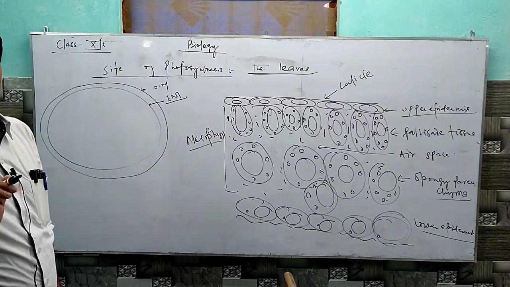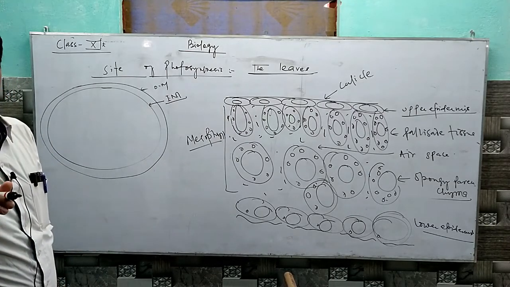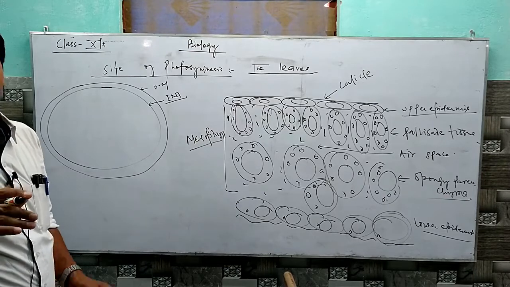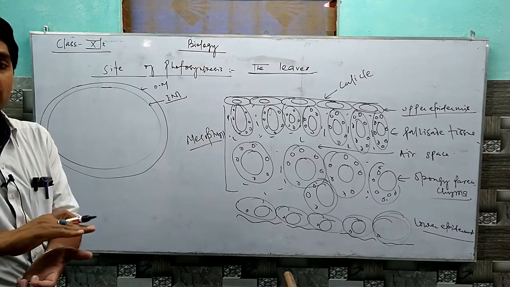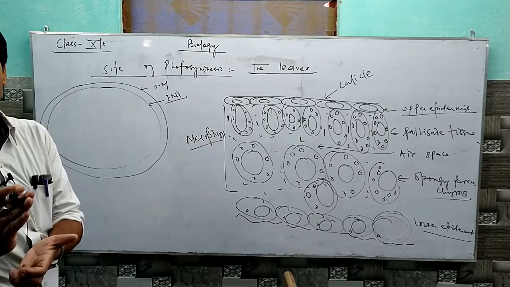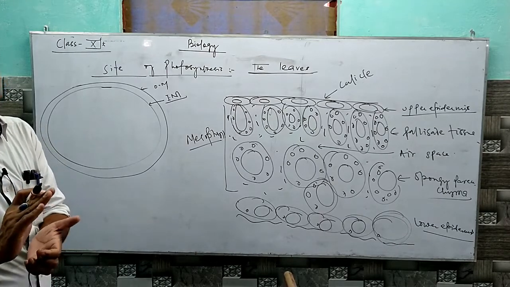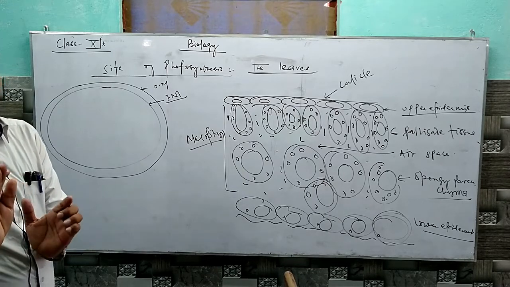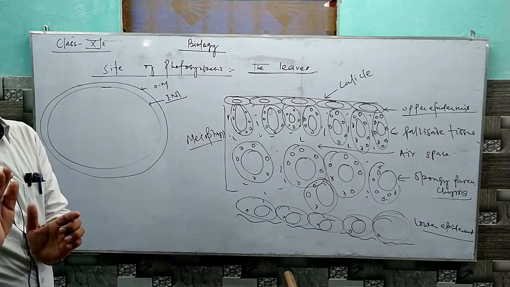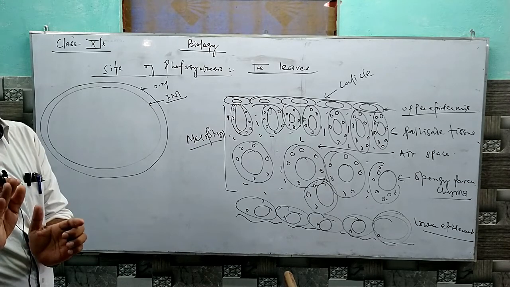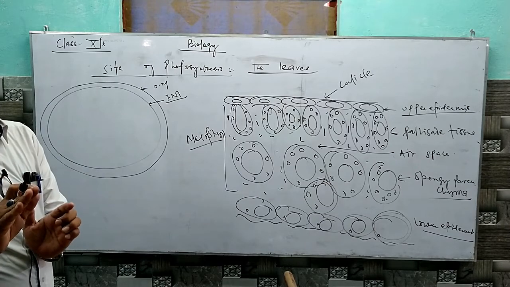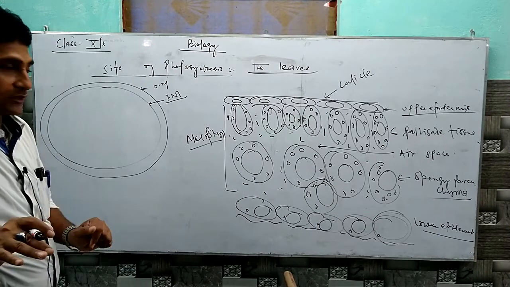You should know that a granum is a membrane-bound, flattened, discoid, sac-like structure, and these lie one over another to form a stack. Grana and stroma are the two different regions of the chloroplast as internal structures.